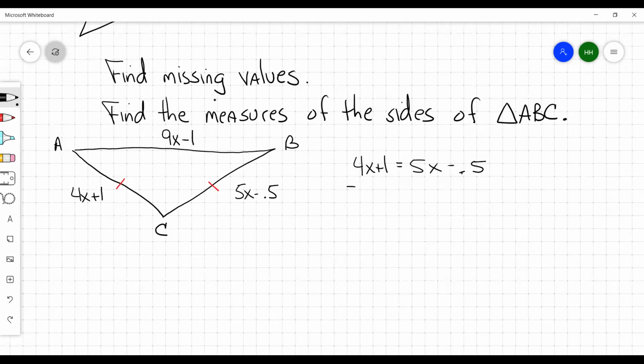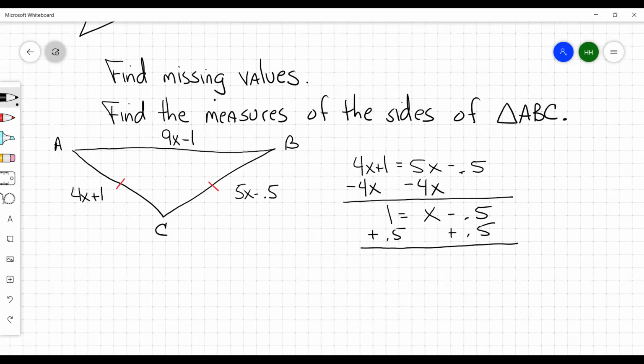And we can solve for x by subtracting 4x from each side. So 1 is equal to x minus 0.5. You can add 0.5 to each side. So 1.5 would equal x.